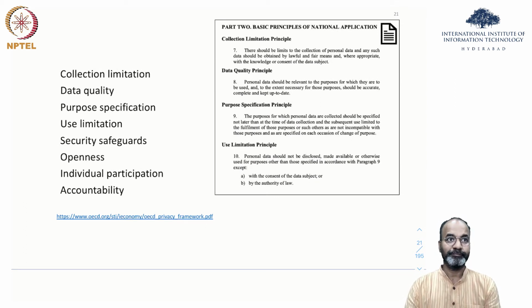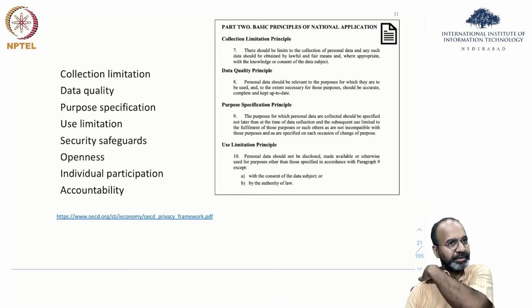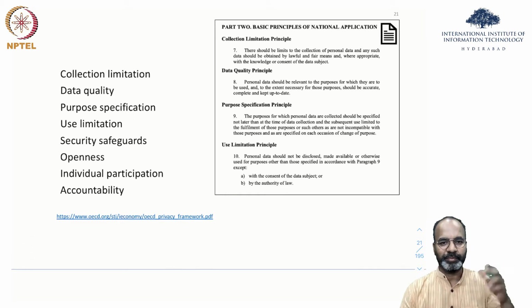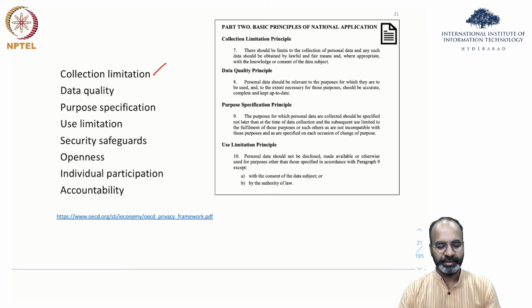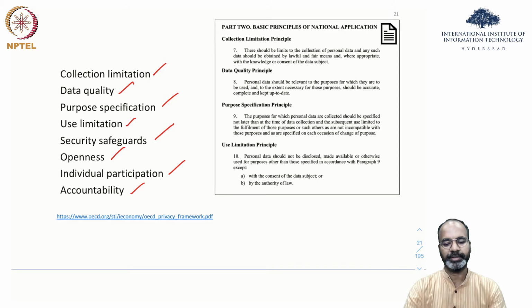Week 1, we delved in detail into the OECD principles and FTC principles. And this is necessary because from week 1, we've been following this topic in different ways, right? Collection limitation, data quality, purpose specification, use limitation, security safeguards, openness, individual participation, and accountability.